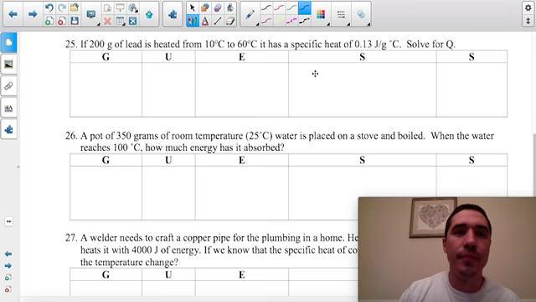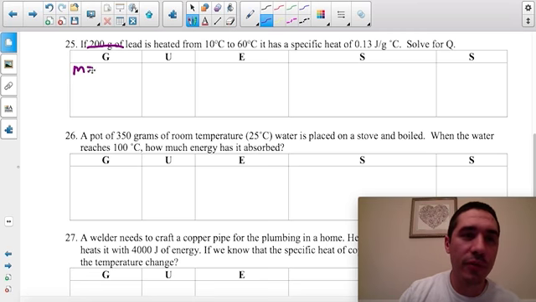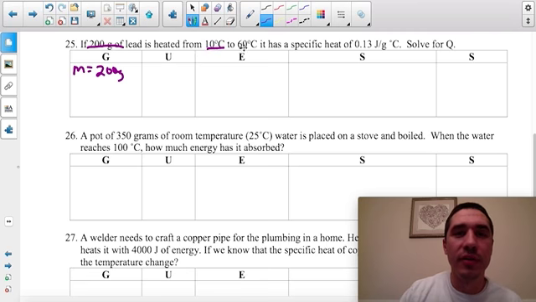Next question. If 200 grams of lead, so that's my mass, is heated from 10 to 60 degrees Celsius, so that means my change in temperature is 50 degrees. It has a specific heat of 0.13.